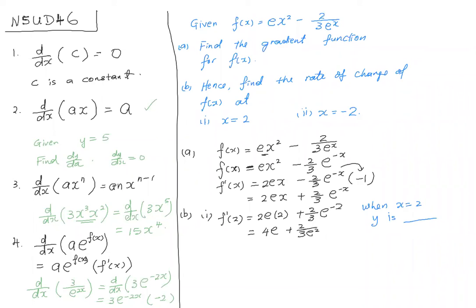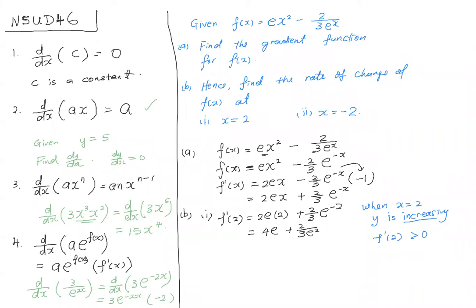So is the graph going up or going down? Just tell me whether this rate f prime 2 is greater than 0 or less than 0. Yes, Ishan? f prime 2 is greater than 0, so y is positive. If the rate is positive, it means y is increasing. Correct? So this one we must know.